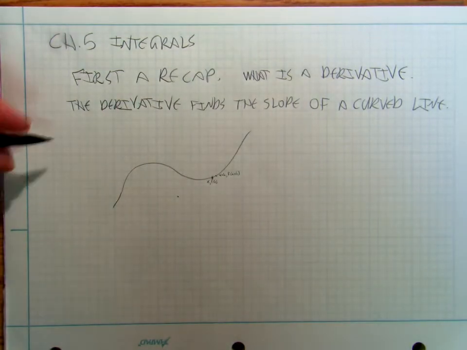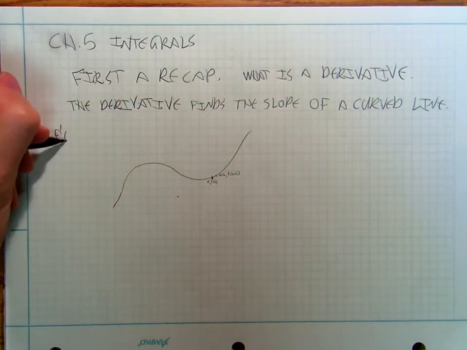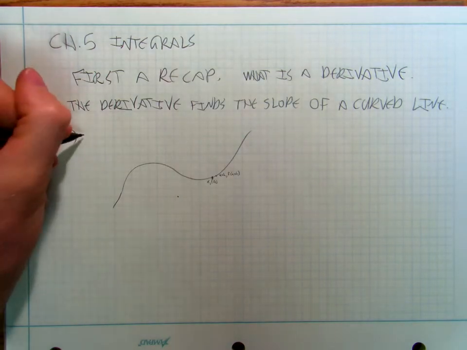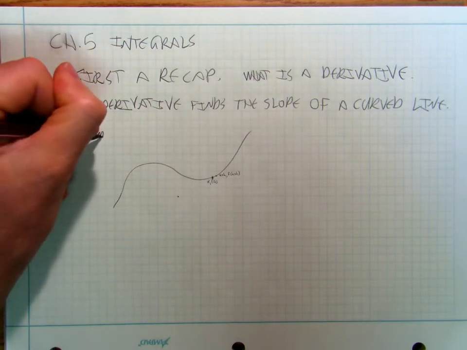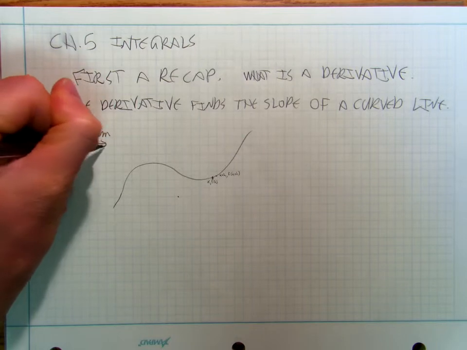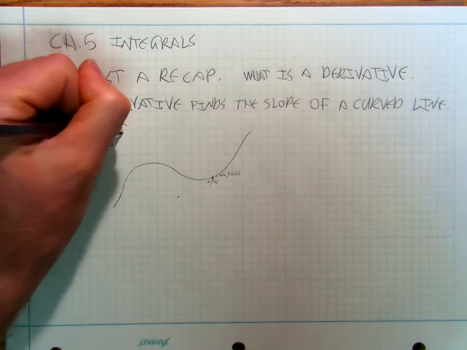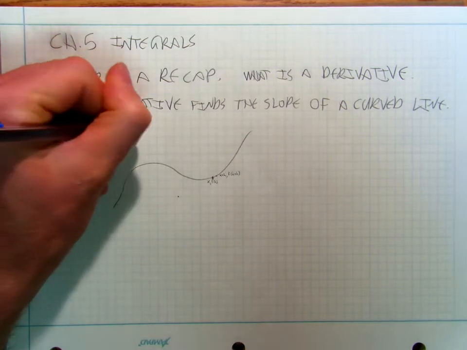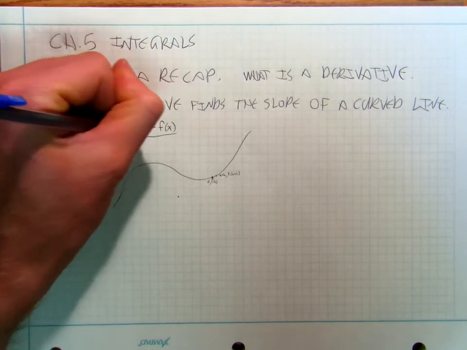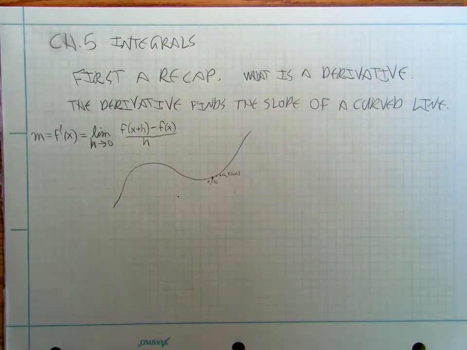What I'm going to say is the derivative of that function, which is also equal to the slope of that function, is going to be the limit as h approaches 0 of f of x plus h minus f of x, all over h.